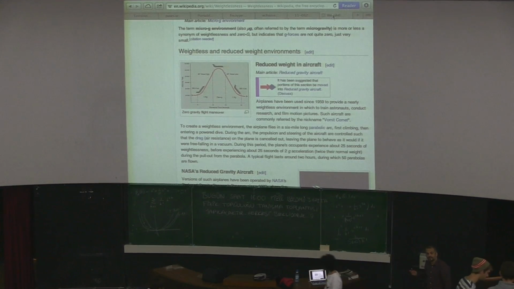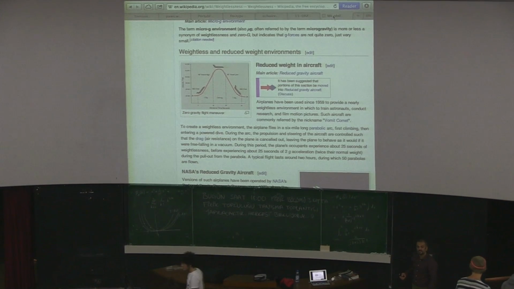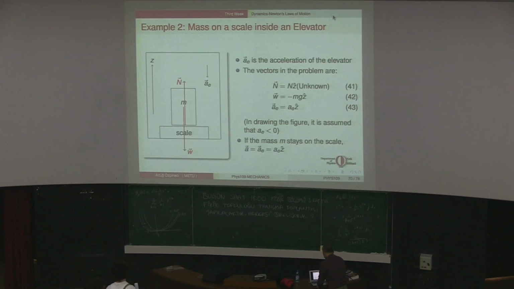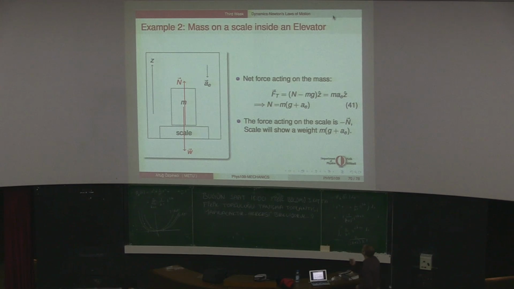So if our elevator was falling down with the gravitational acceleration, in that case the weight will be 0. So if this a_E was equal to minus g, then your weight will be 0, you will start flying.